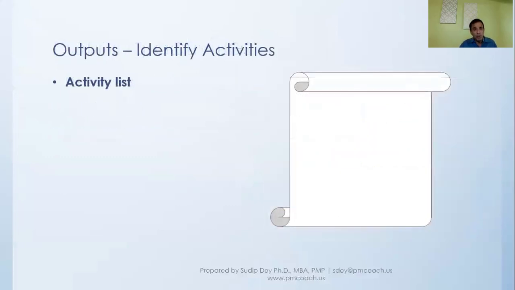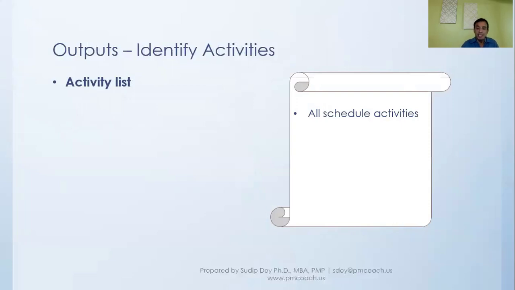Now, as an output from this process, one of the outputs will be the activity list. The activity list really is the list of all the scheduled activities. We have found from all the work packages, all the scheduled activities.